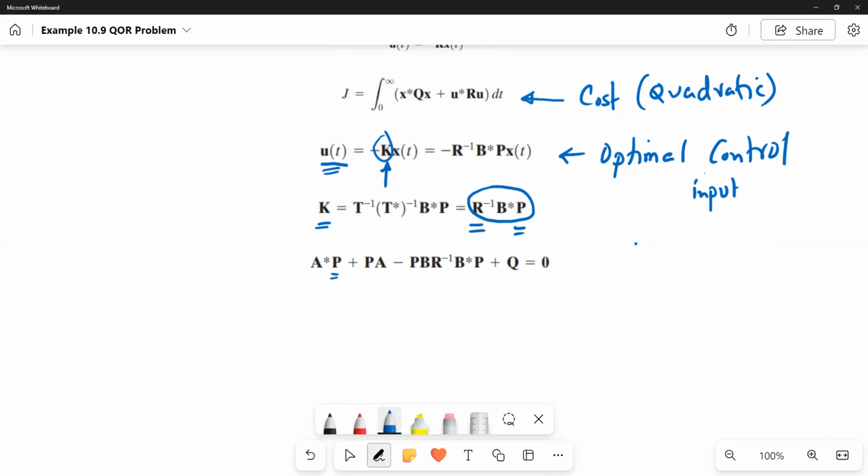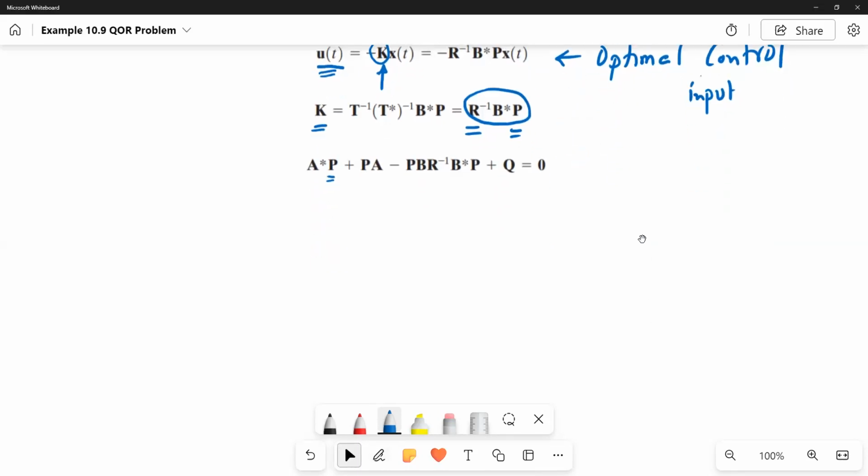Now, today we're going to solve example 10.9 using this method that we have just explained. A system is given, example 10.9. So this is a regulator system, a second order system with an integrator in the middle.